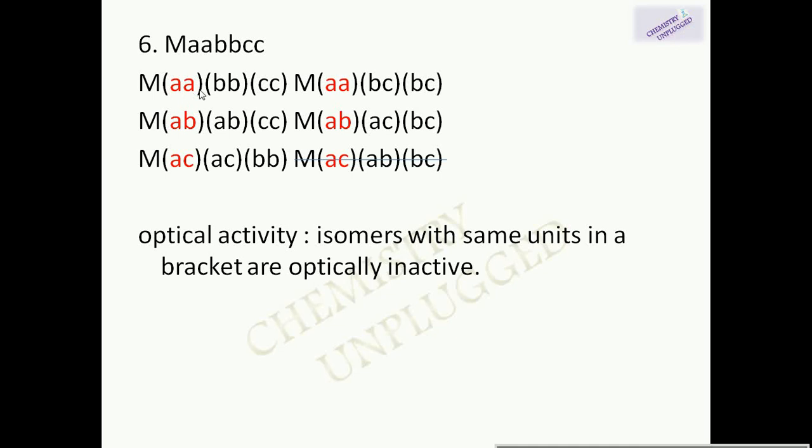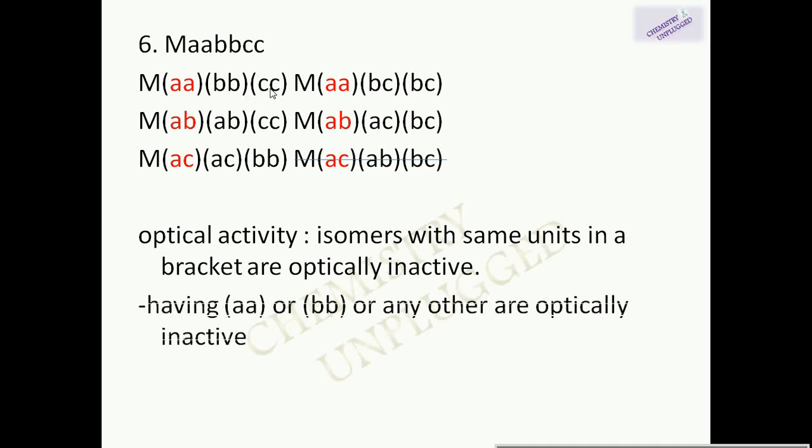Means when A and A are in one bracket, or B and B, or C and C in one bracket, there is no optical isomerism. It is not possible for this case, not for this type also, and not for this. There is only one possibility, that this geometry can have optical isomerism.